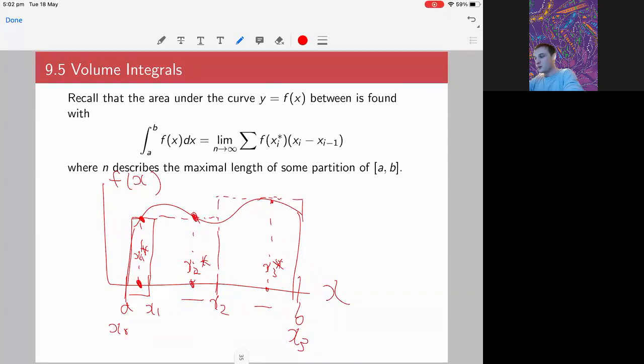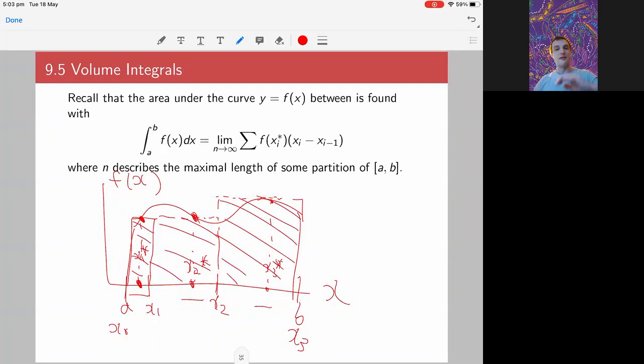And I'm going to say, well, I know how to find the areas of rectangles, and so the area underneath the curve should approximately be the same as the sum of the areas of these 3 different rectangles. Now, that's just an approximation. The actual area underneath the curve is defined by taking limits. So we take the limit as n approaches infinity. Well, the question you have is, what does that mean?